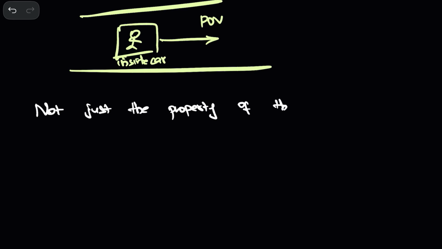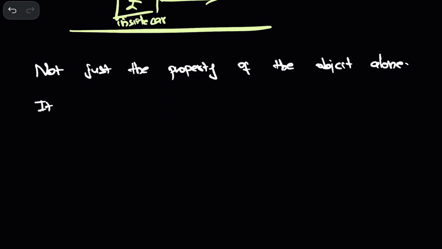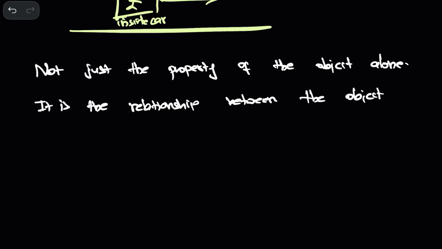It is the relationship between the object and the frame which is observed.